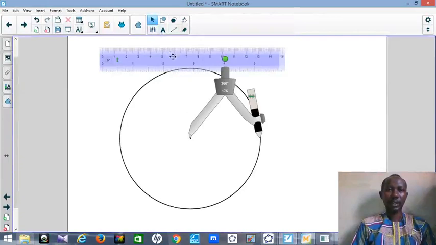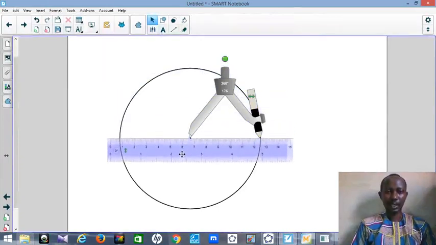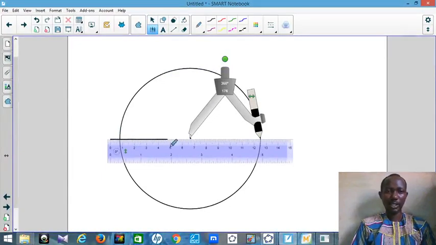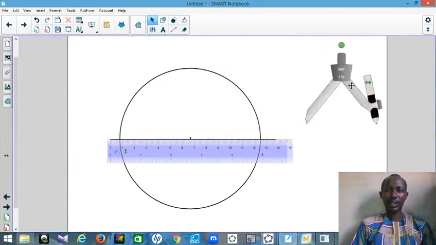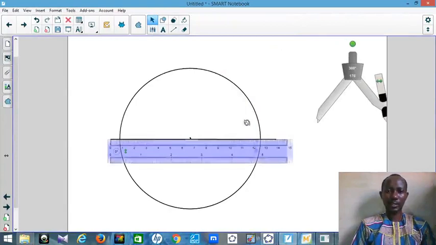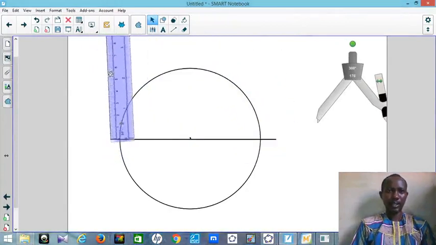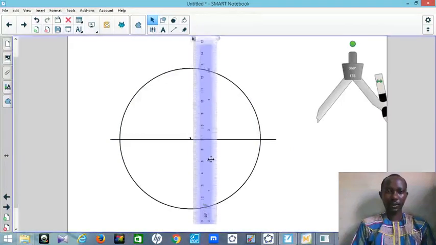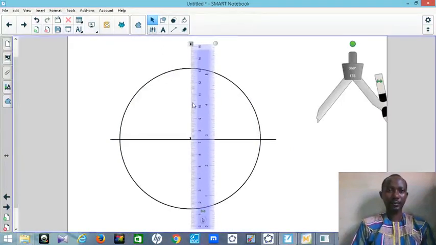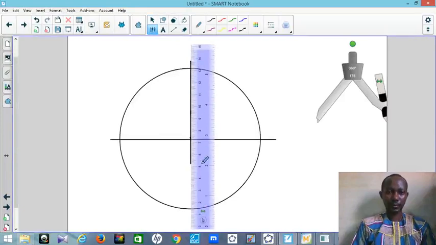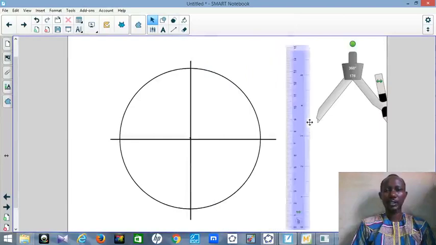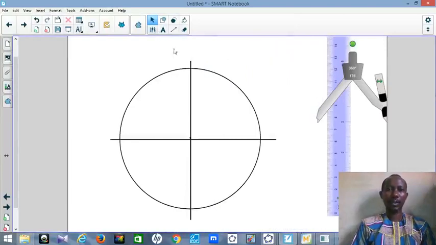Then get your ruler, draw your center line to represent your west and east. Then draw your vertical line to represent your north and south. Okay, so that is it. Then we label it, locate our point.